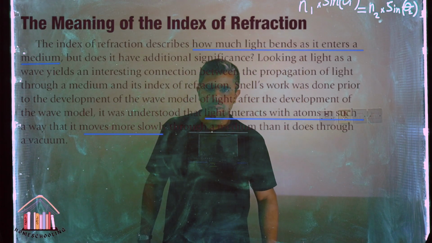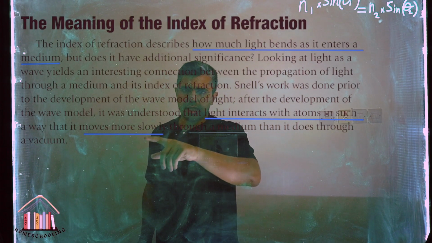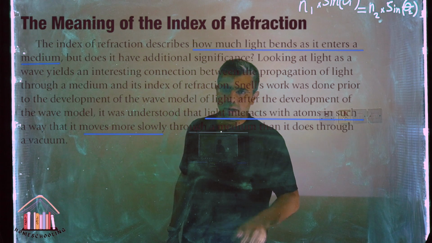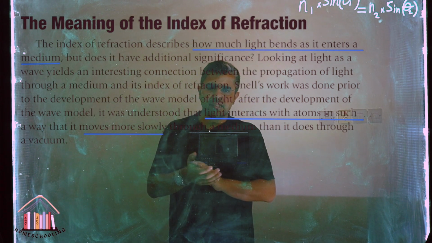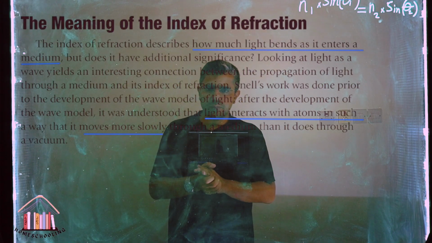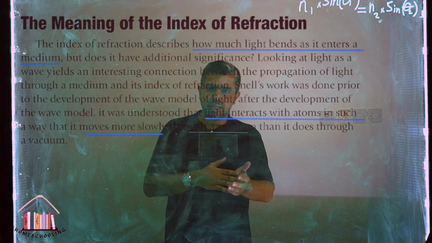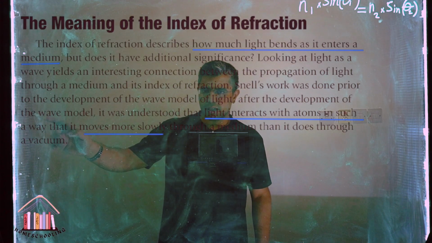Light interacts with atoms in such a way that it moves slowly. Because of this difference in speed when passing from one medium to another, this creates the bending or change in direction. This is described in the wave model of light.